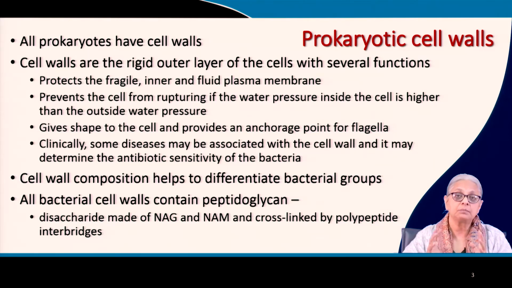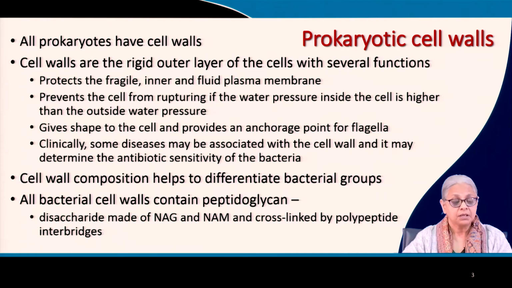It's an extremely fragile membrane. Okay, so without the cell wall to protect it, this membrane cannot exist. Okay, and the plasma membrane is the one that does all the useful work of determining what goes in and out. So the first thing is protection for the plasma membrane. That is the first function of the cell wall.